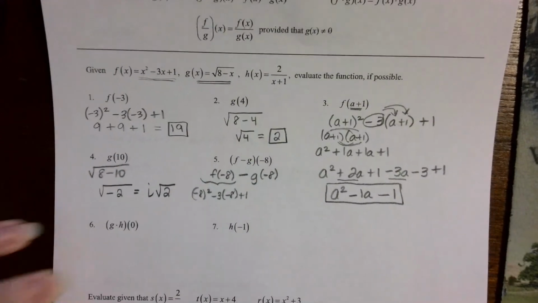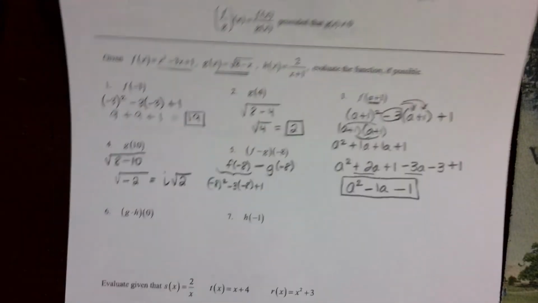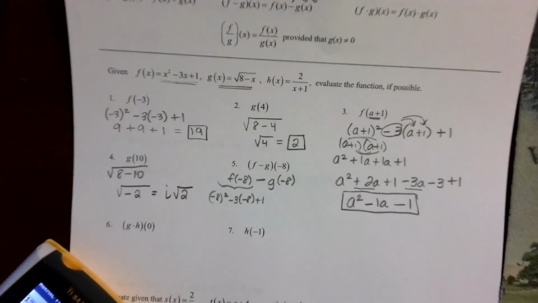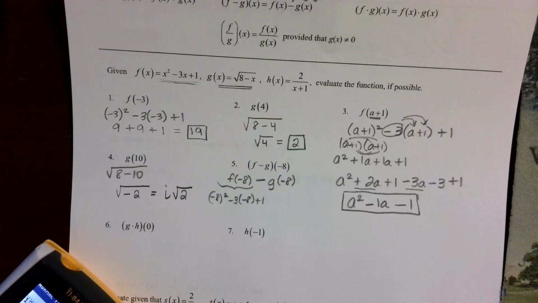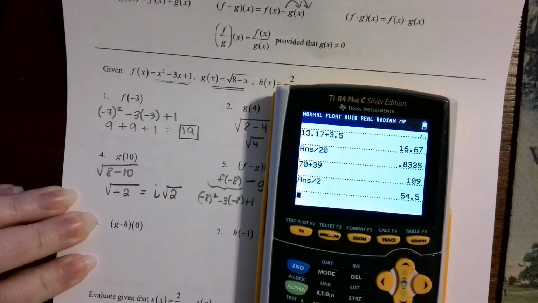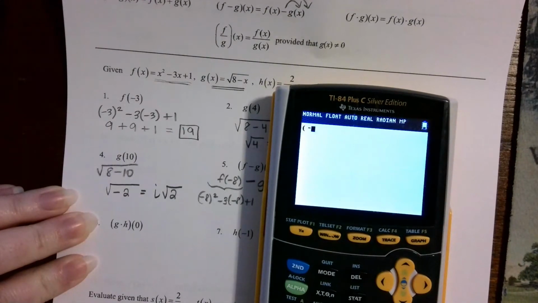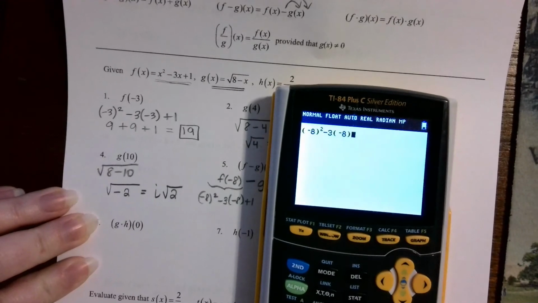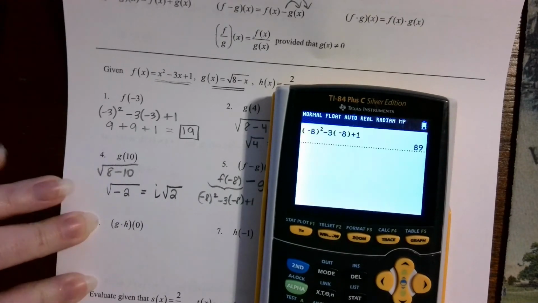Now that one I'm going to go ahead and put in a calculator just so we can speed things up a little bit. So we've got negative 8 squared minus 3 times negative 8 plus 1. That's going to give us 89.